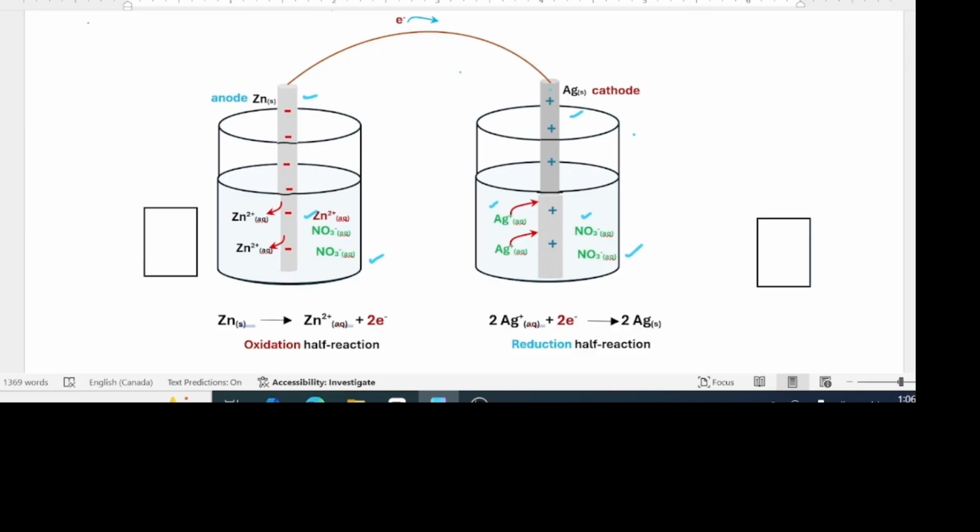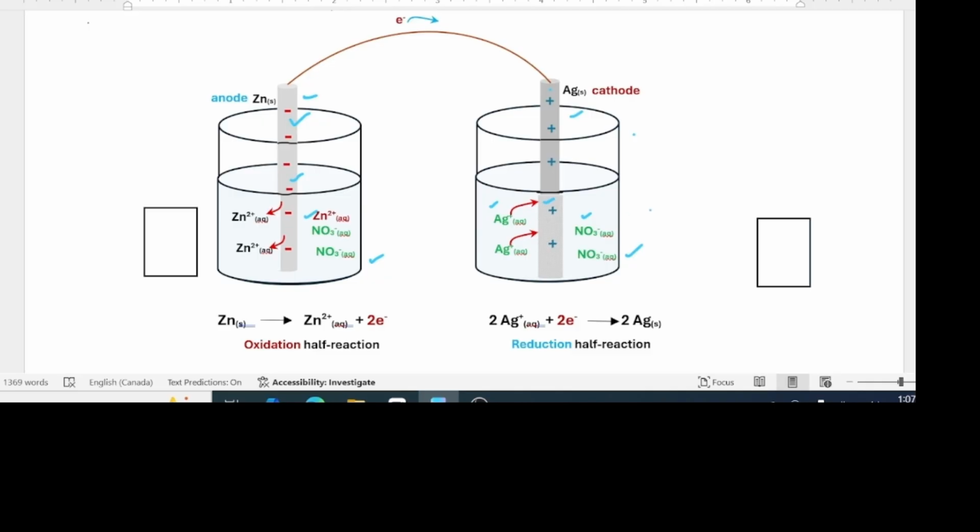As such, zinc atoms are changed into zinc ions, and the electrons produced are left on the zinc rod, making it negatively charged. In this other half cell, silver ions, being the stronger oxidizing agent, go onto the silver rod and absorb electrons from it, making it become positively charged.